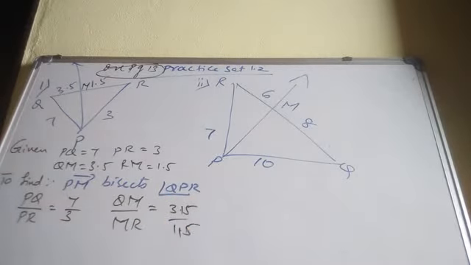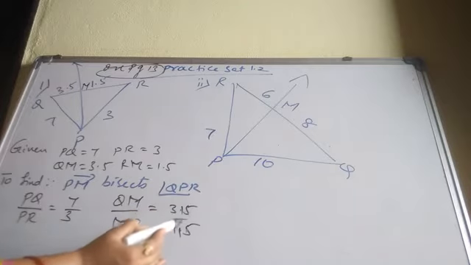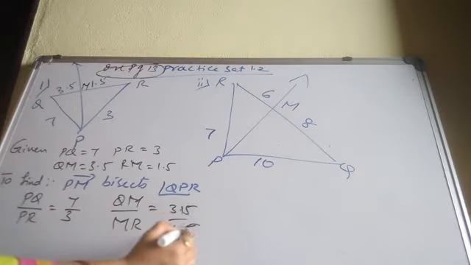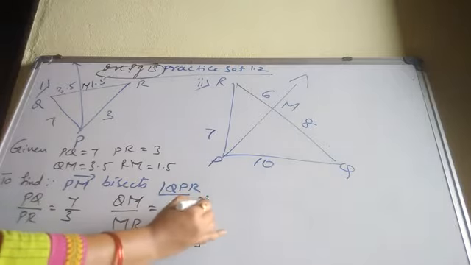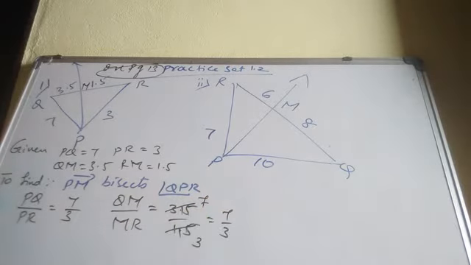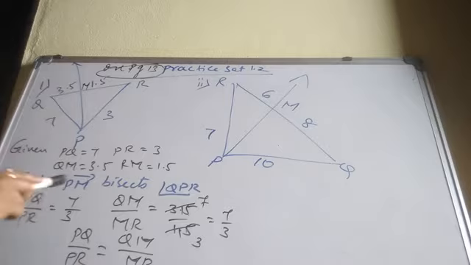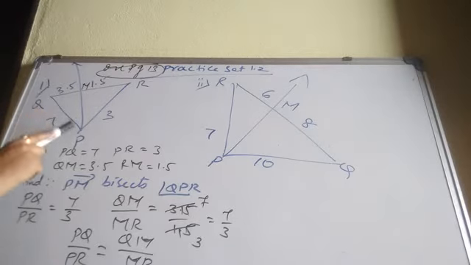The decimal points get cancelled because after the point there is only one digit. So 5 threes are 15, 5 sevens are 35, giving 7 upon 3. LHS equals RHS, PQ upon PR equals QM upon MR. Therefore, ray PM bisects the angle QPR.